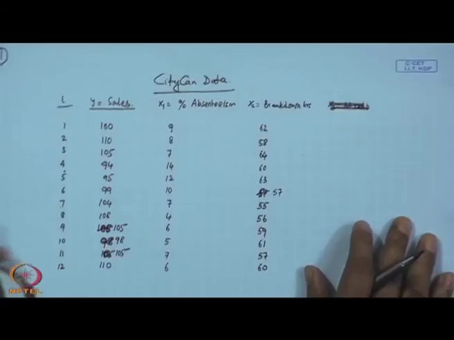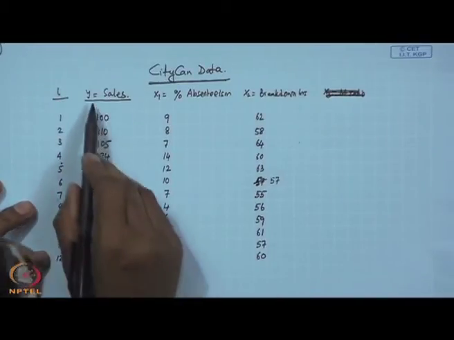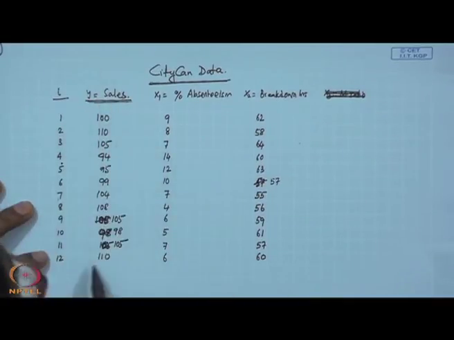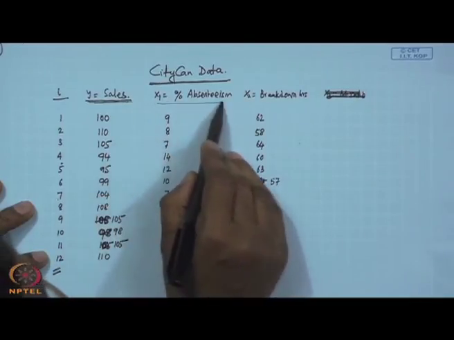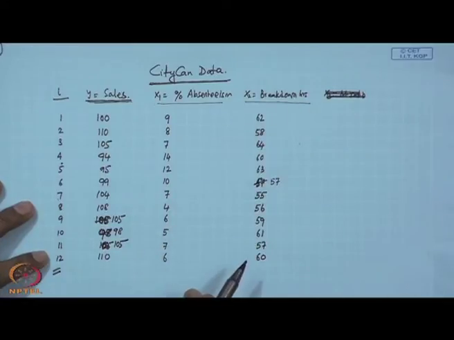We will solve the problem we discussed earlier, that CT scan data. We will consider the cell volume Y. This is the data set, 12 months of data we have collected, and x1 absenteeism, x2 breakdown hours, these two independent variables we are considering.